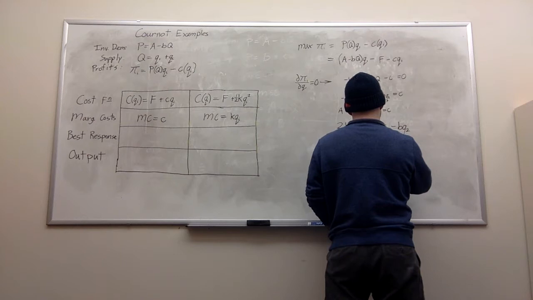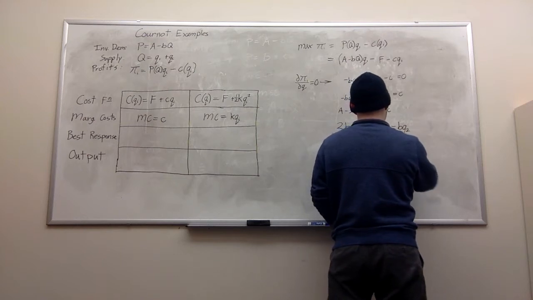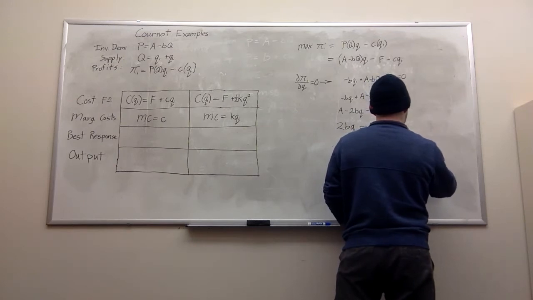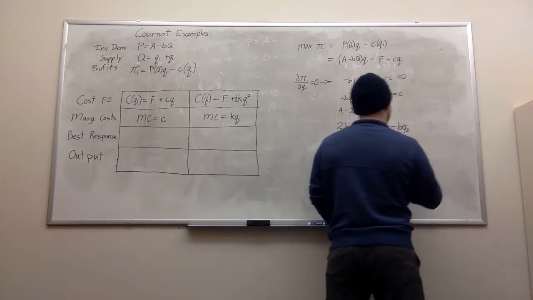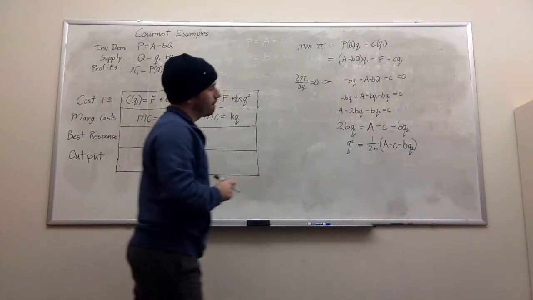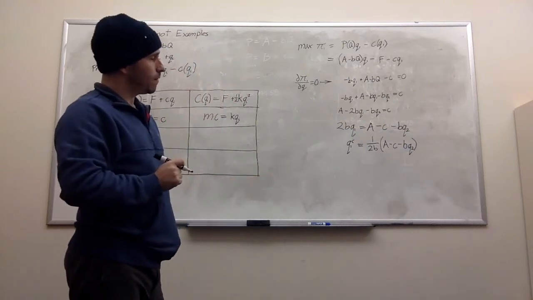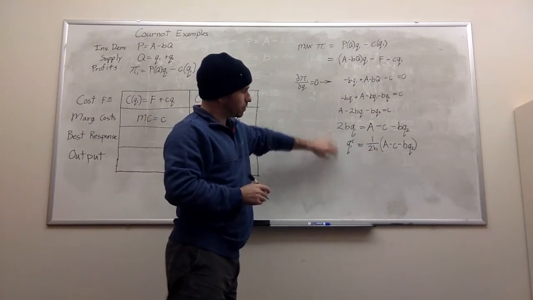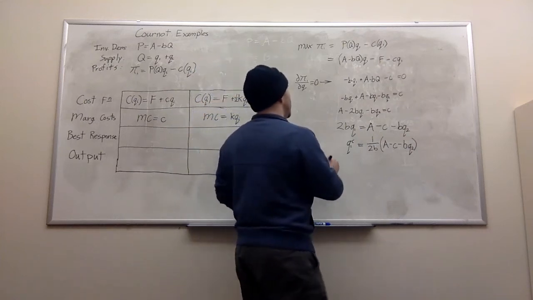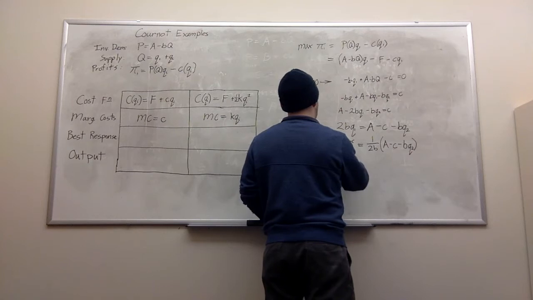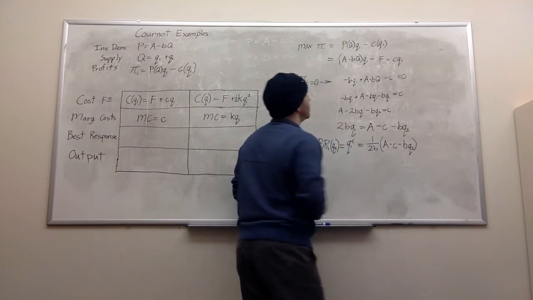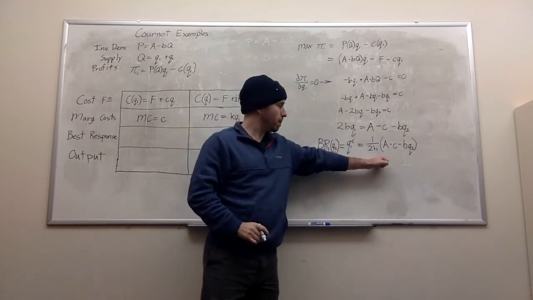1 over 2b times a minus c minus bq2. Which is our best response, right? Best response for firm 1 to q2 is this function over here, right?